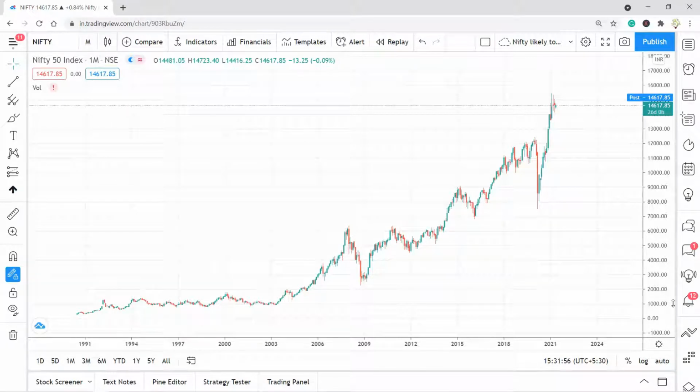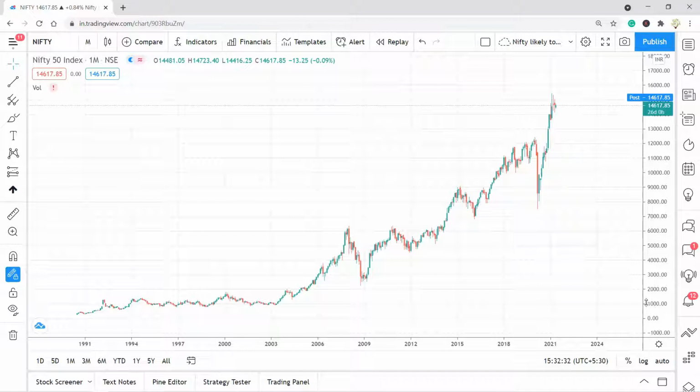Now, what is this arithmetic scaling? In this, the y-axis is divided in terms of amount of rupees. In simple terms, a particular distance on the y-axis represents a particular price change. Let me explain in simpler terms. The difference between 1000 to 2000 is 1000 rupees.